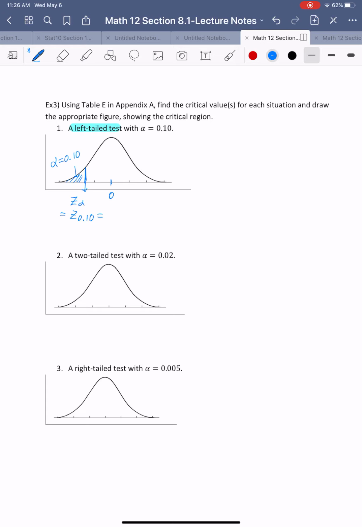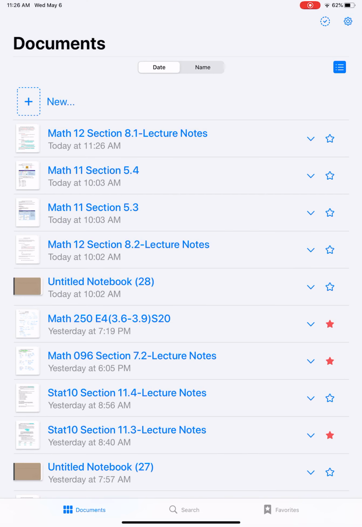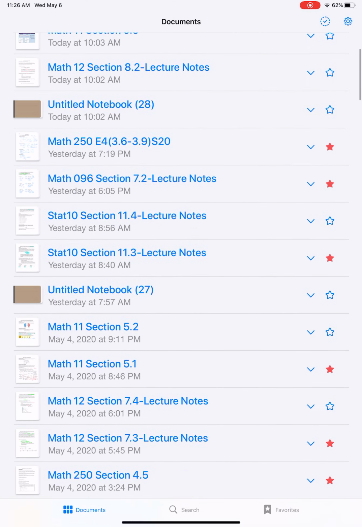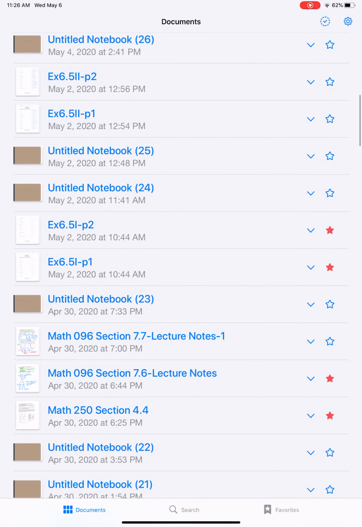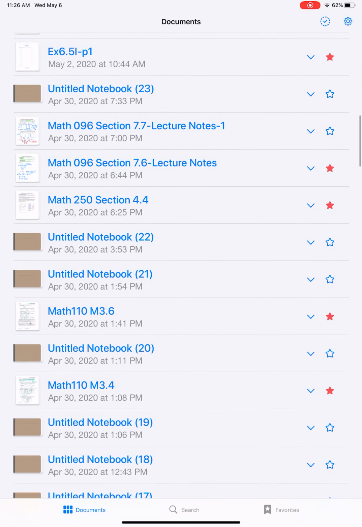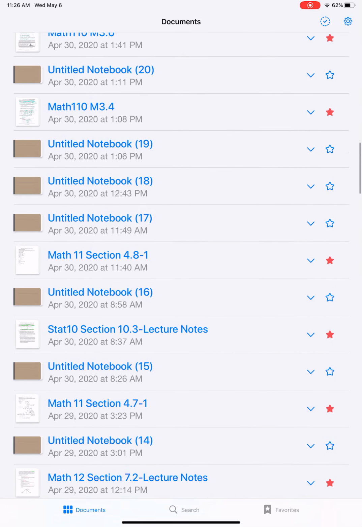In order to find that, we have to use the table. Let me find the table. I think I have it in Math12.